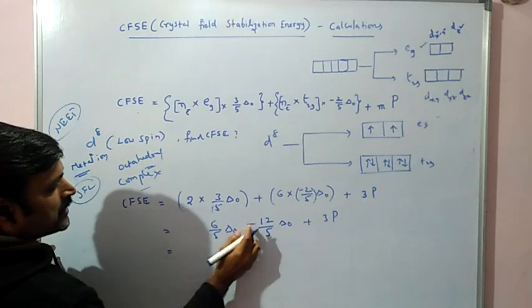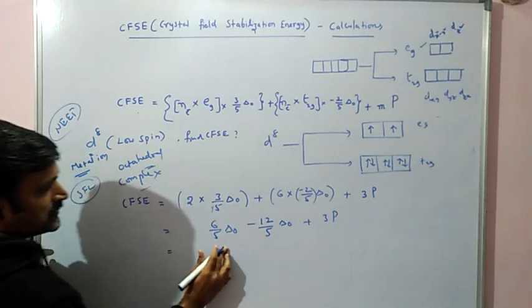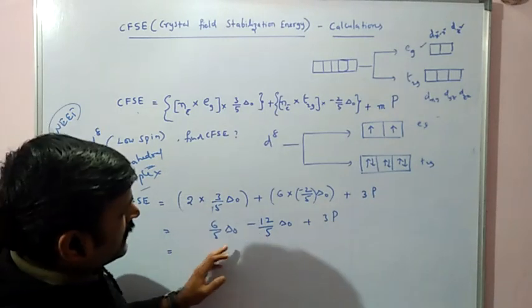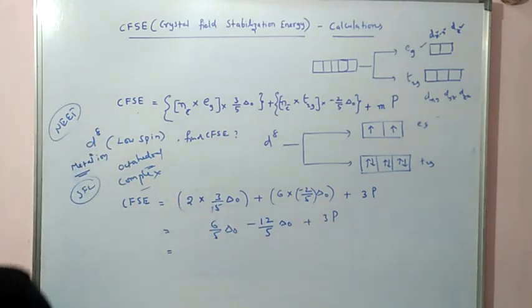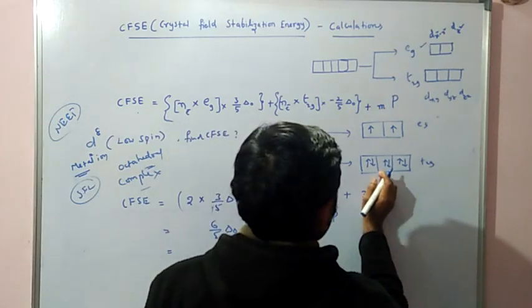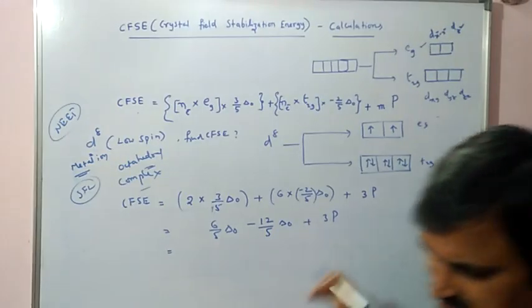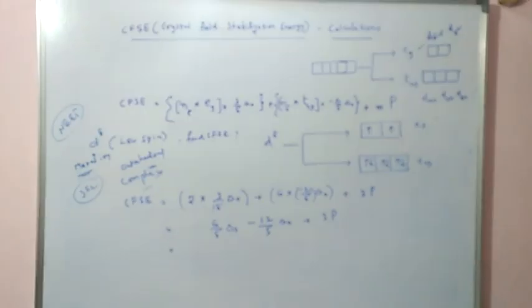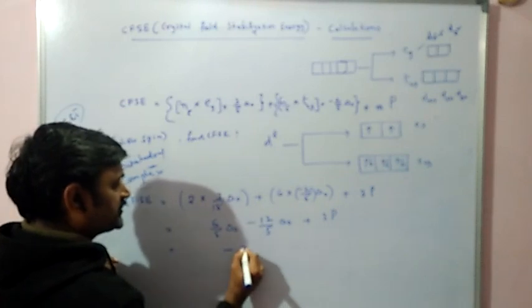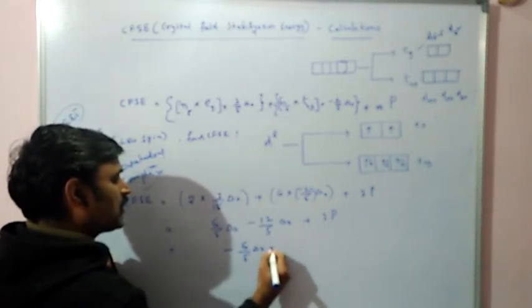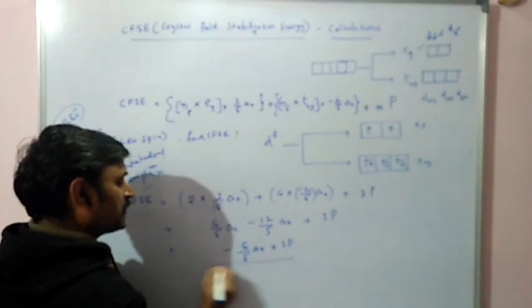So 6 by 5 delta naught minus 12 by 5 delta naught is nothing but minus 6 by 5 delta naught plus 3P. So you can finalize this answer: minus 6 by 5 delta naught plus 3P.